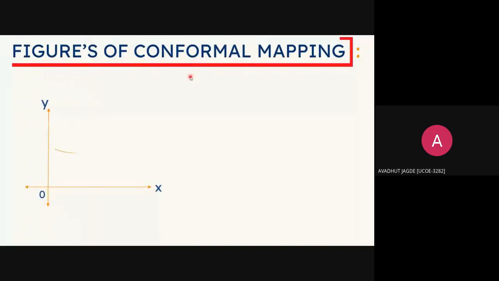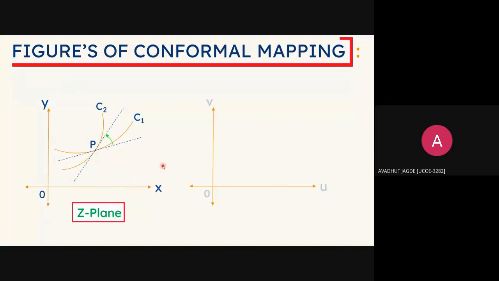Let's understand the conformal mapping through a diagram. Here, the two curves C1 and C2 in the z plane intersect at point P, and the corresponding curves C1 dash and C2 dash in the w plane intersect at point P dash under the mapping w equals f(z).